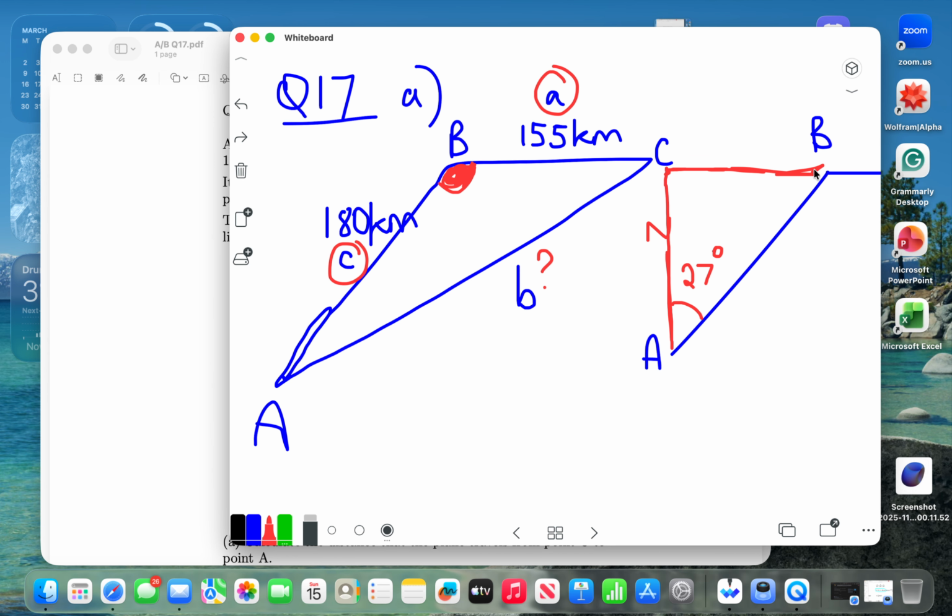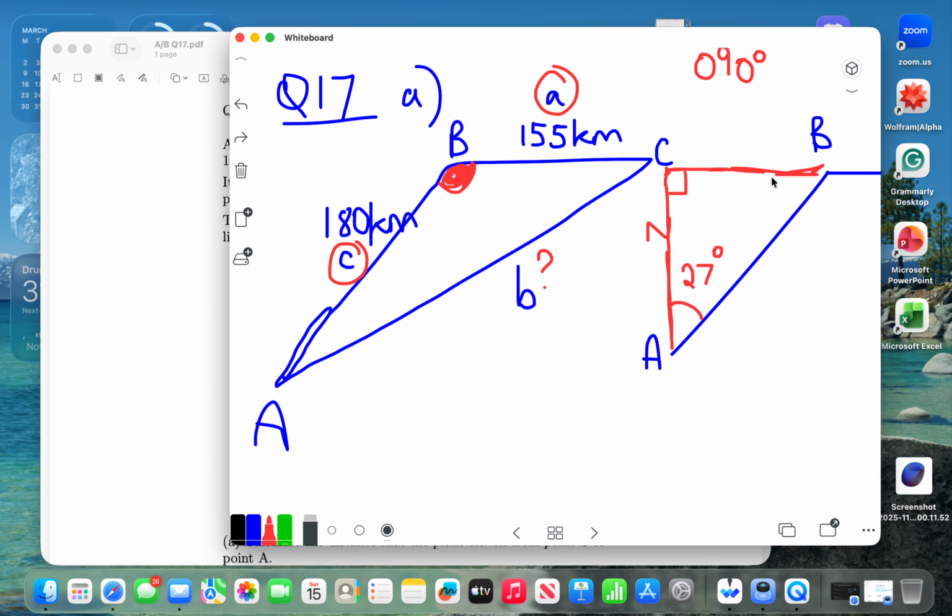Due east means it's going on a bearing of 090, with the 0 included. So you see it's going due east and we get this right angle.